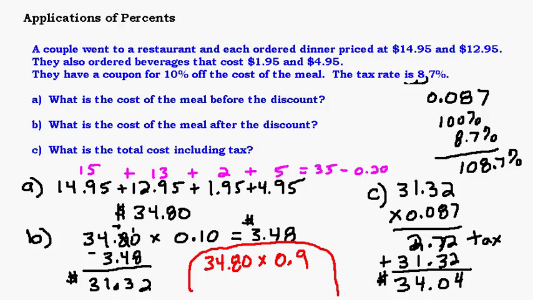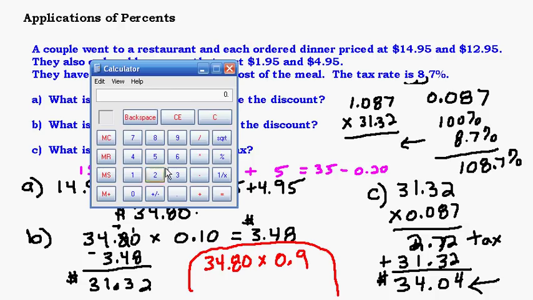So a little quicker way to get to this answer, instead of figuring out the tax and then adding it in, you could just take this 108.7%, which in a decimal is 1.087, and multiply that by the cost of your meal of $31.32, and that should give us $34.04. Let's check it out. 31.32 times 1.087 equals 34.04.